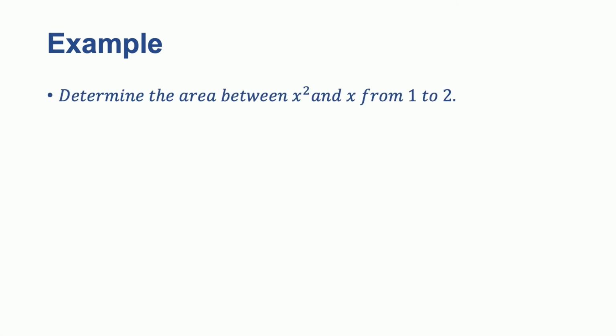We're going to have two types of examples for finding areas between curves. The first is an easier example. The next type, which is a little bit more tricky, we'll cover later. For this example, we're given our endpoints. We're finding the area between x squared and x from 1 to 2. This is easy because we have our endpoints.